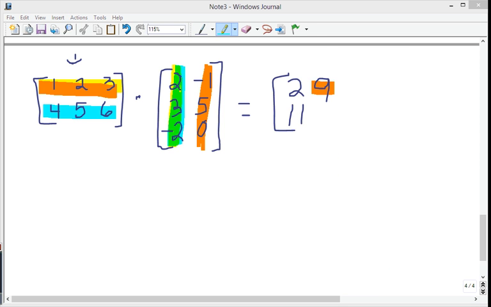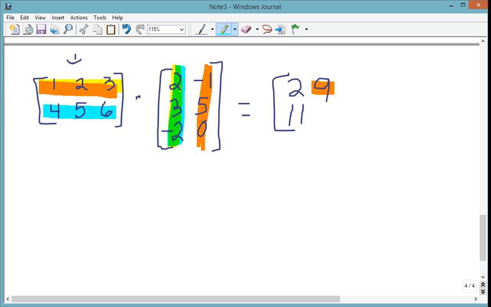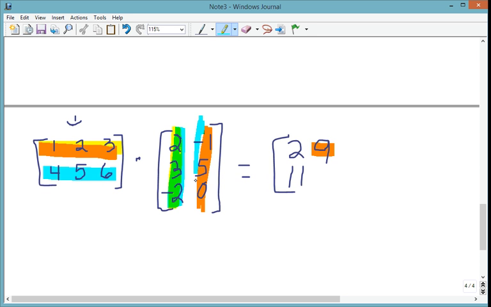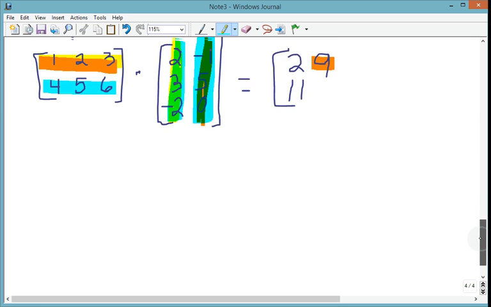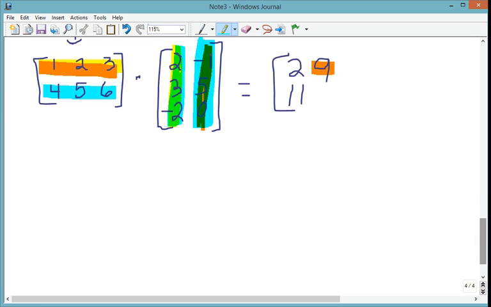Make a little room here. I got second row, second column now, right? So, second row, second column, barely read that anymore.